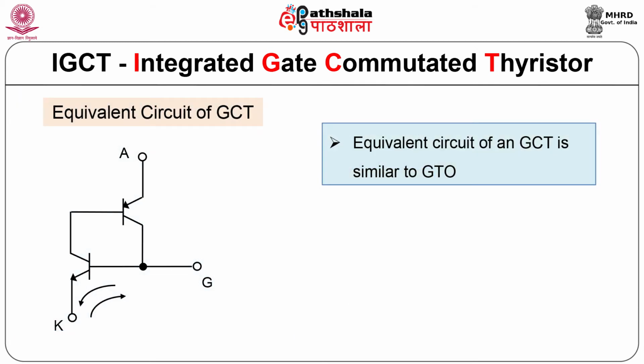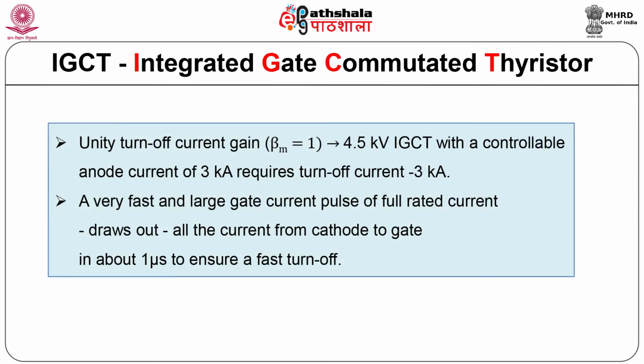There is also a thin lightly doped anode P layer as shown in the figure. Equivalent circuit of the GCT is shown in the figure. It is similar to GTO. Unity turn off gain, that is beta m is equal to 1. The meaning of this is, if controllable anode current is 3 kiloampere, it will require turn off current of minus 3 kiloampere.